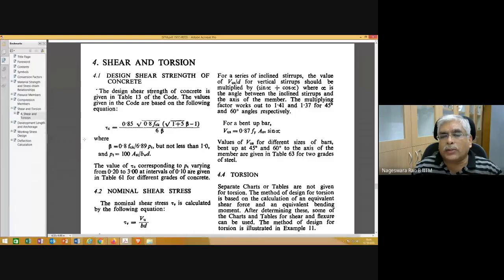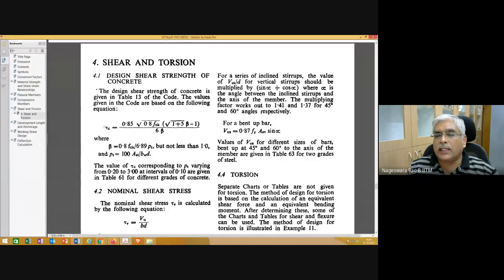Please note that you have already undergone a structural analysis course as well as mechanics of materials. In standard textbooks, the convention for representing shear stress is the Greek letter tau.